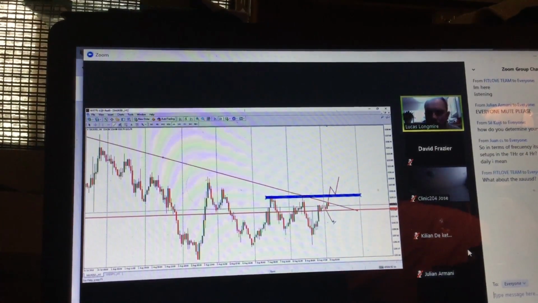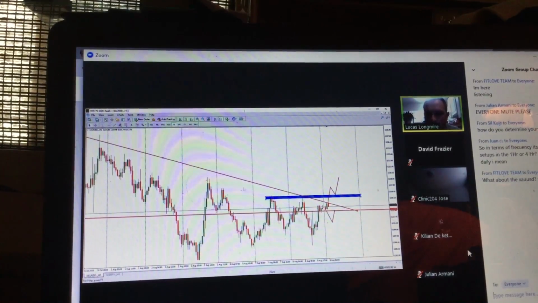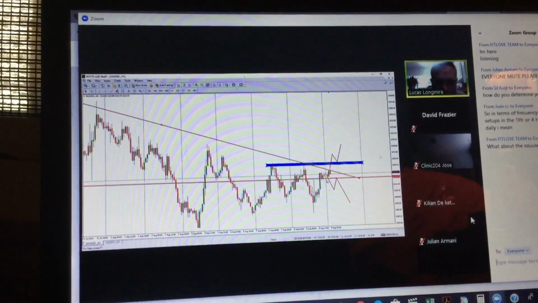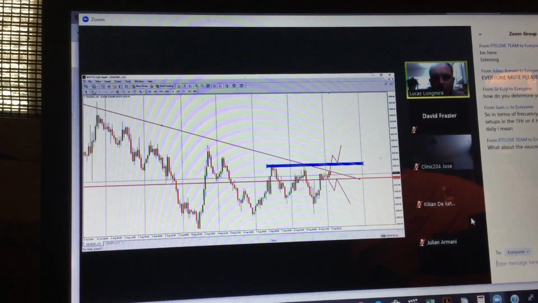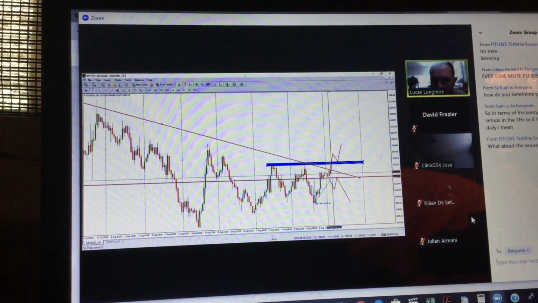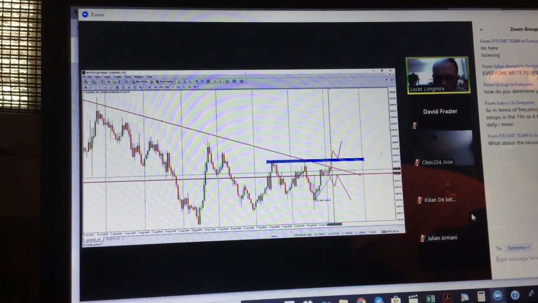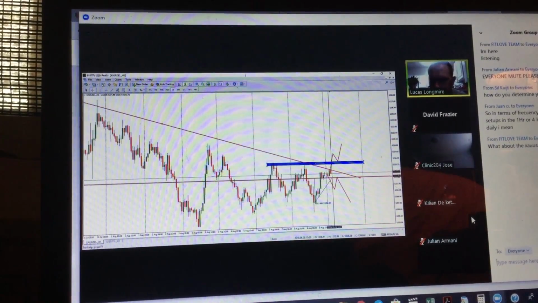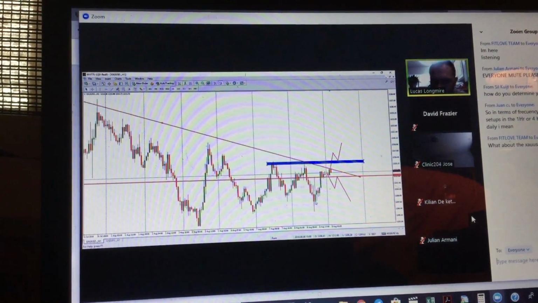If this drops, it could stay in this little flag thing. That's why I don't like it. If it breaks here, it's going to be a sell. It's 45 pips, it's not too bad. I just don't like trading inside of the zone with gold. That's just personal experience.